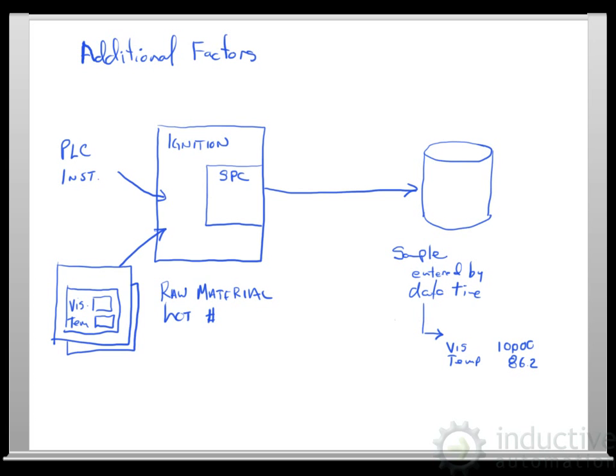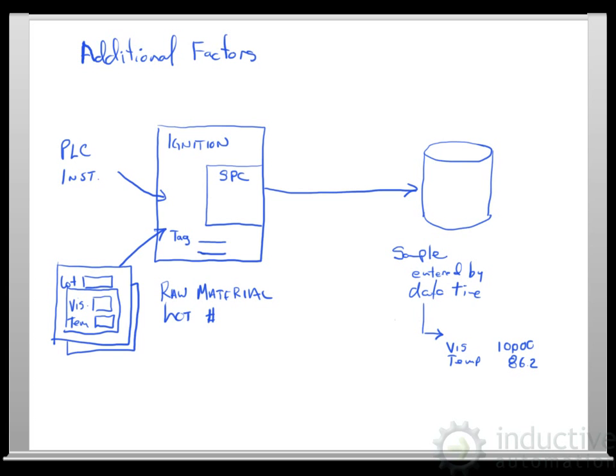So it could be on this screen. They put in their lot number over here. It could be any tag in Ignition. So it could be product code, lot number, subassembly number, serial numbers, all that kind of thing.